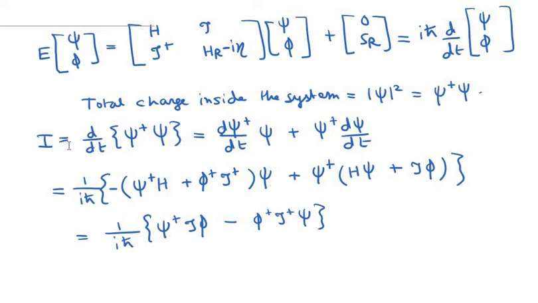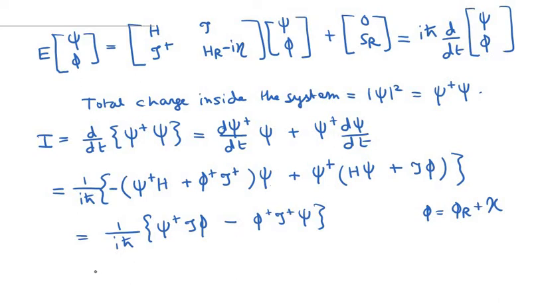Now we note that this phi again consists of two terms. One is the wave function of the isolated contact, which is a property of the contact itself, and the other part is the scattered wave function from the channel or the system into the contact. So phi is equal to phi r plus chi.